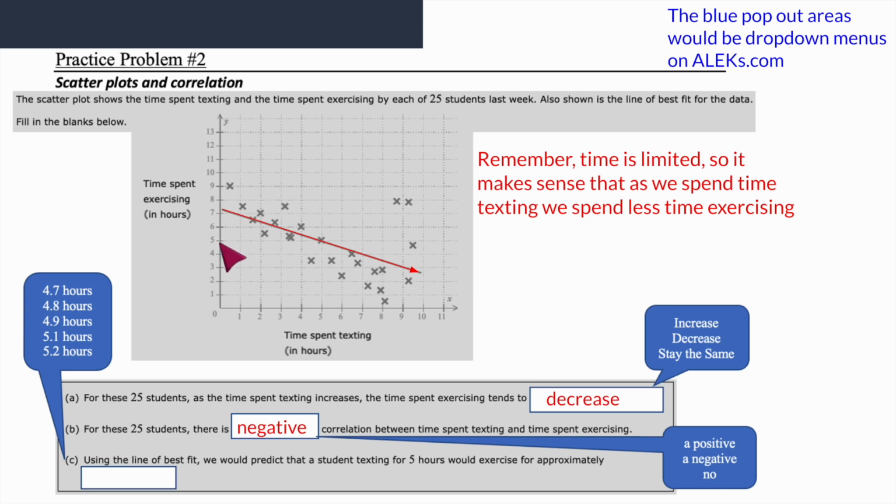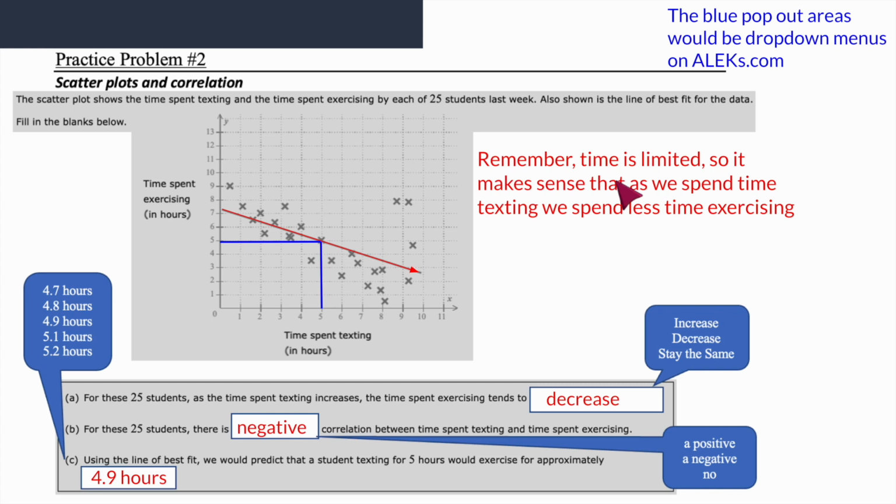It's not at the 5, it's right below the 5, but almost right on it. So I'd probably go as close to that as I can get with 4.9, because it really does look like it's on the 5, but it's just right below it. On ALEKS, they would definitely expect you to pay attention to that. It's not actually on the line, it's right below the line. Okay, so it's 4.9 hours.